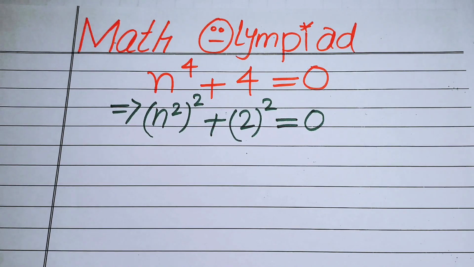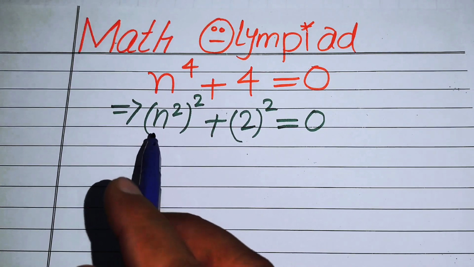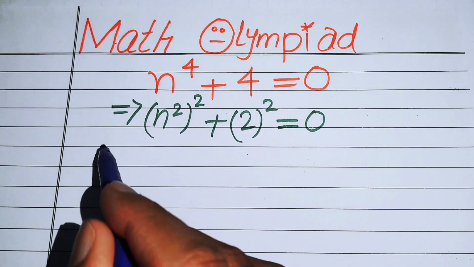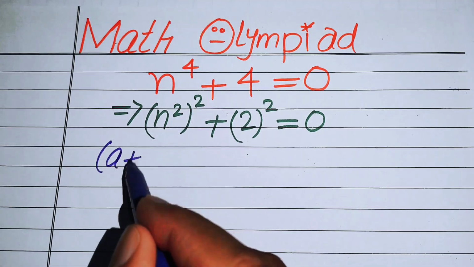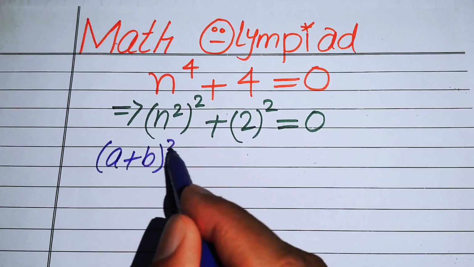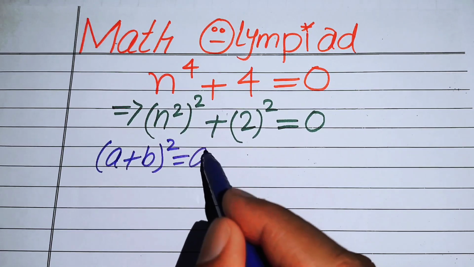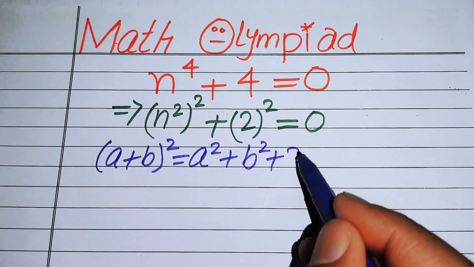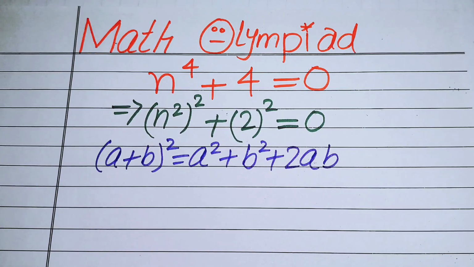And in the next step I can use the nice completing square method. So in order to complete the square of these terms, we will complete this formula, and you know that (a plus b) whole squared equals a squared plus b squared plus 2 times ab.